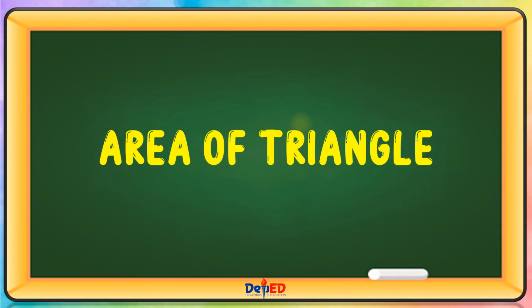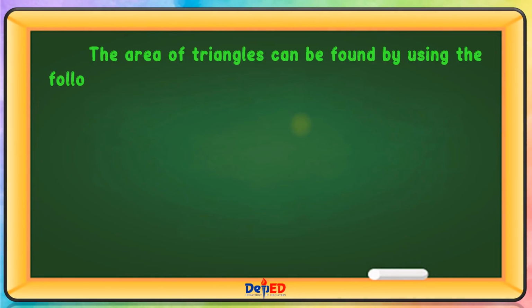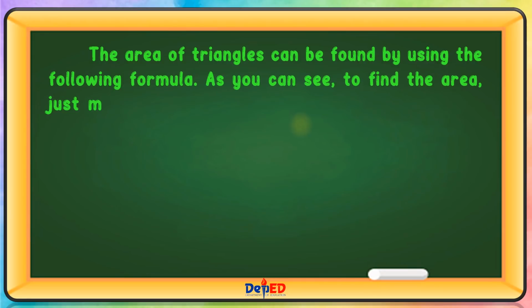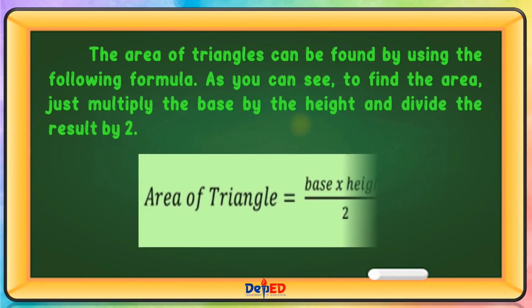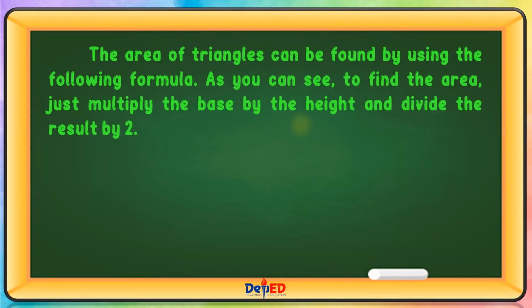Area of triangle. The area of triangles can be found by using the following formula. As you can see, to find the area, just multiply the base by the height and divide the result by 2. Area of the triangle is equal to base times height divided by 2.